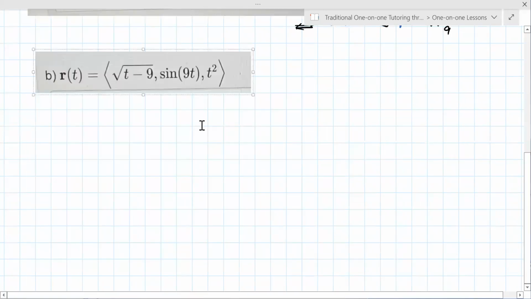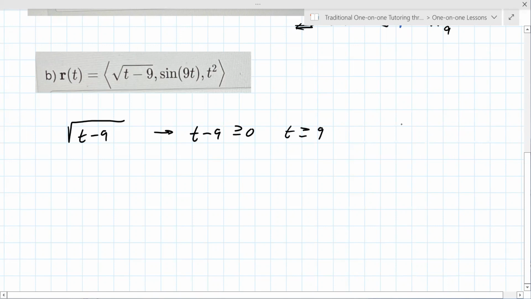Okay, so the second one here, we'll just do it this way. Square root of t minus 9. You set t minus 9 greater than or equal to 0. So t is greater than or equal to 9. Okay, so on a number line, that's 9 to infinity. Okay, all the way out.